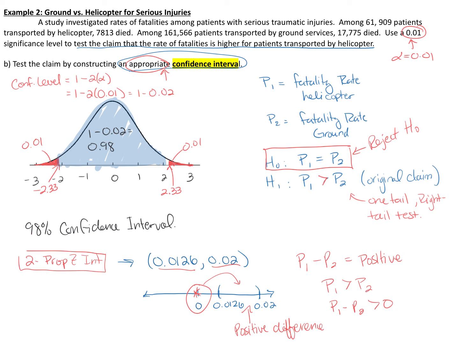So in conclusion, you can write, and I'll squeeze it at the bottom here: since the confidence interval does not contain 0, this means we can reject the null hypothesis and say that there is sufficient evidence to support the claim that the fatality rate is higher for patients transported by helicopter.